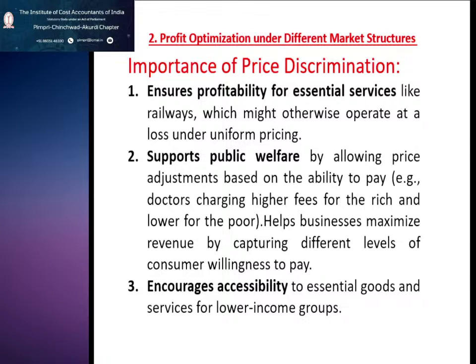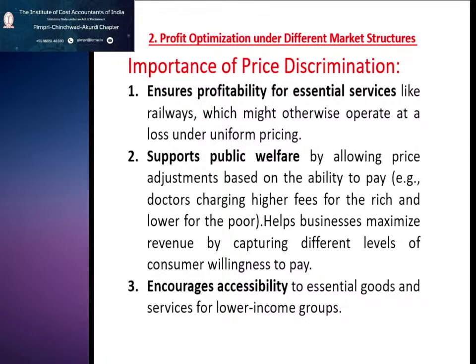Again, price discrimination supports public welfare by allowing price adjustments based on the ability to pay. For example, doctors charging higher fees for the rich and lower for the poor thereby achieve public welfare. It also helps businesses maximize revenue by capturing different levels of consumer willingness to pay. The third benefit, or importance, of price discrimination is that it encourages accessibility.